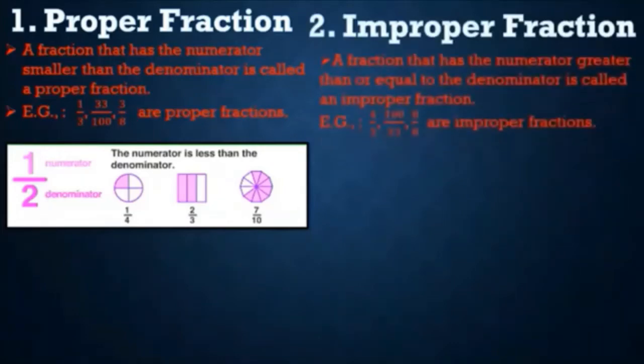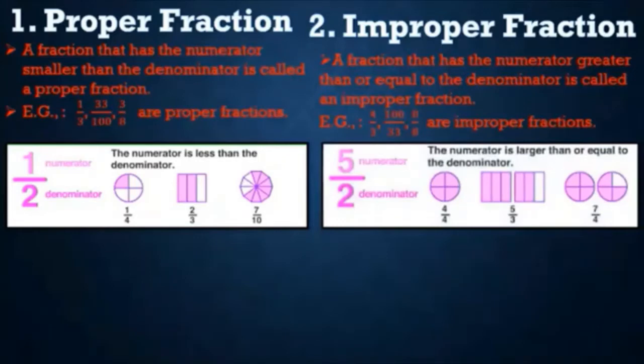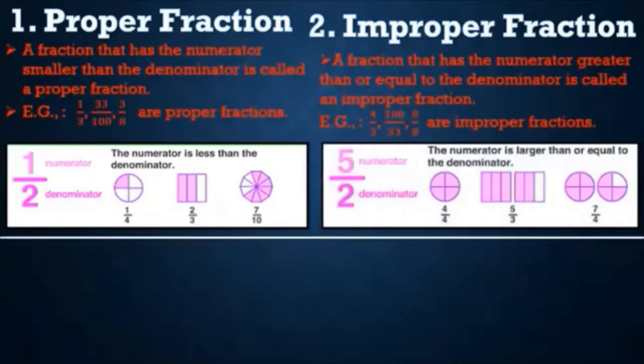A fraction that has a numerator greater than or equal to the denominator is called an improper fraction. For example, 4 by 3, 100 by 33, and 8 by 8 are improper fractions. 5 by 2 is also an improper fraction.